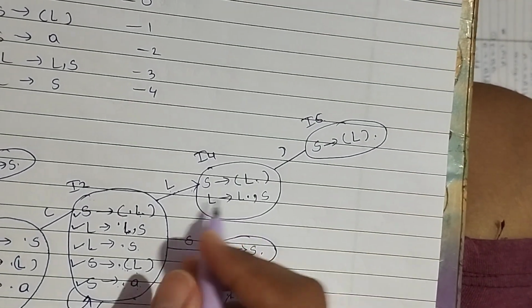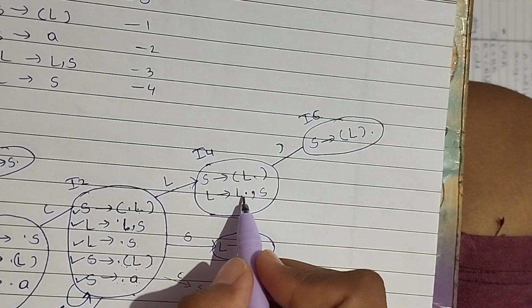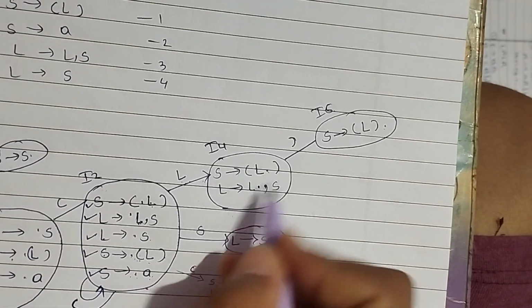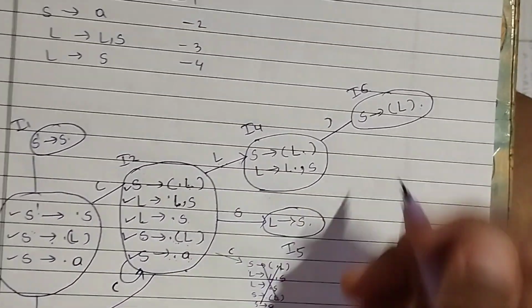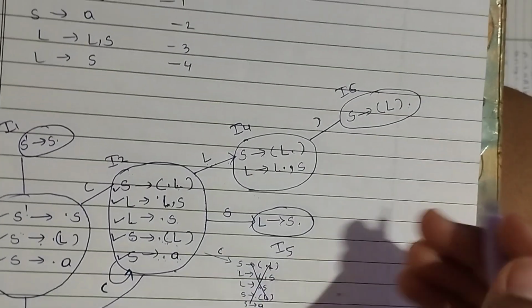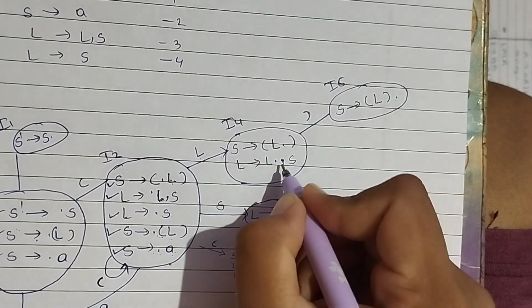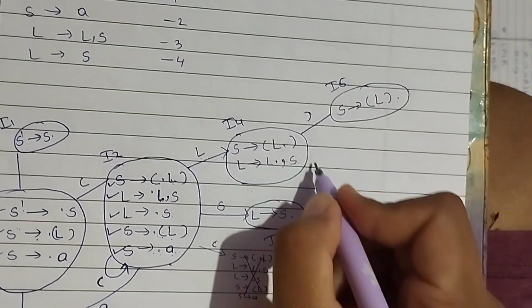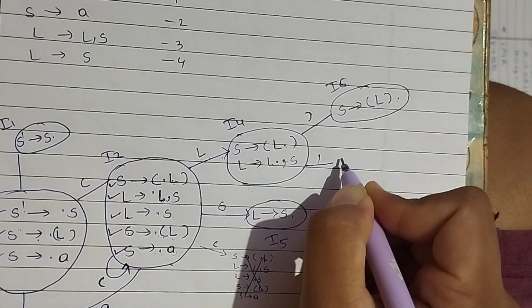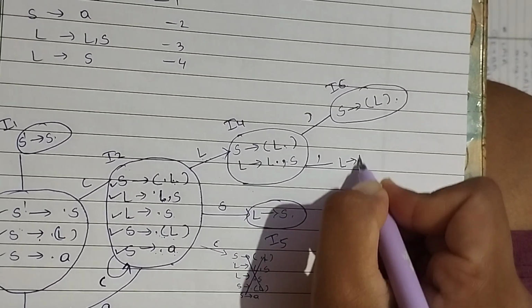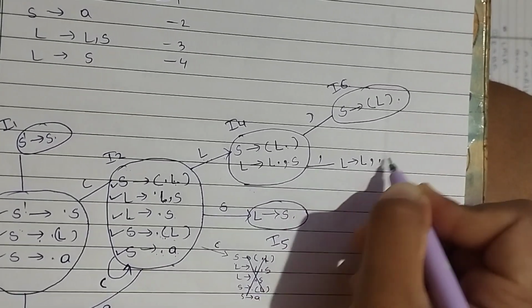Now for L → L·, S, is this grammar present anywhere here? No, this is a separate grammar, so we explore further. We change this with respect to the comma, so L changes to L, ·S.